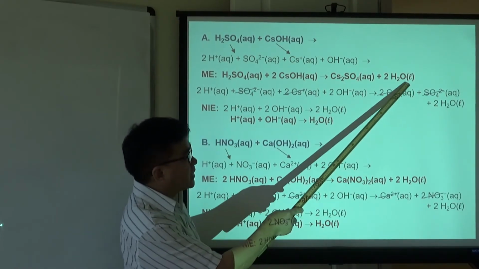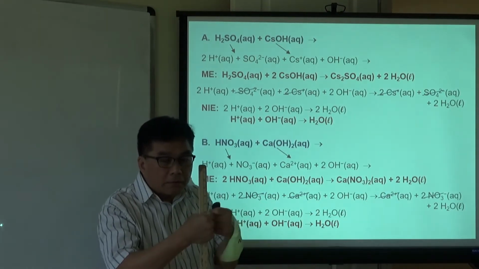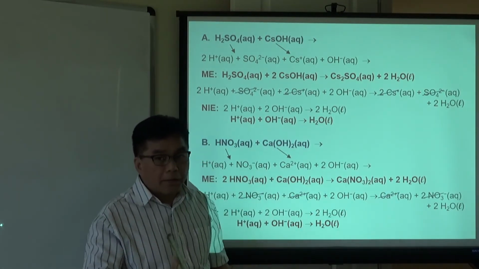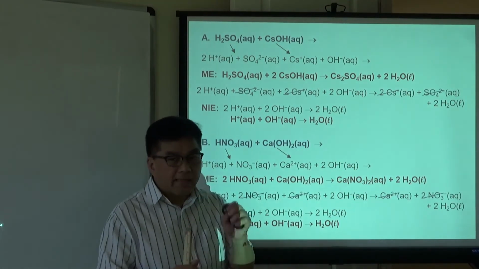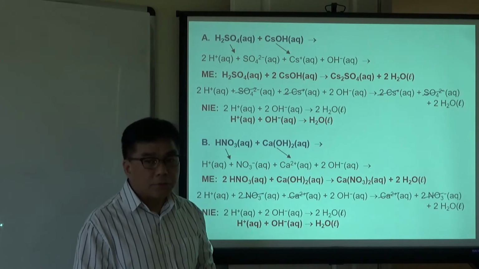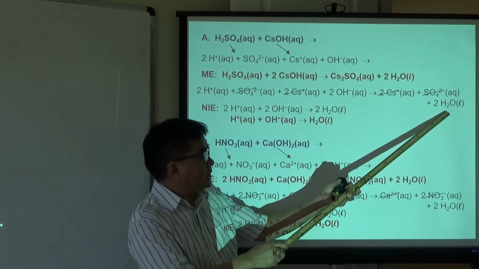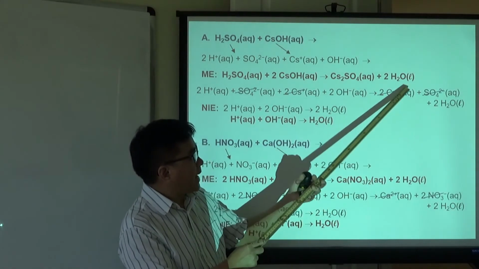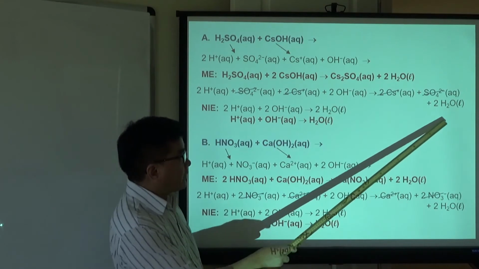Now water is a liquid, and it's a molecule. Water doesn't break apart into hydrogen ions and hydroxide. Anyway, it does dissociate a tiny teeny amount into hydrogen ions and hydroxide, but mostly it just remains undissociated. So therefore, we cannot break it down into ions, so we have to leave it like this.